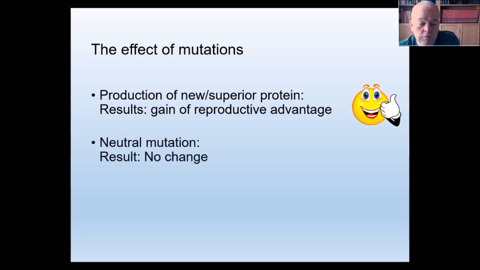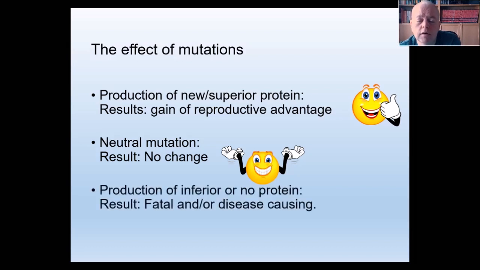It might have no effect at all. If it's a mutation that doesn't change the sequence, or even if it does, it might not impact whatsoever in terms of what you produced, so it makes no difference. However, some mutations can lead to production of an inferior protein or no protein, and that may be fatal. It could cause disease or other consequences for the organism. So there is a range of different consequences for mutations.